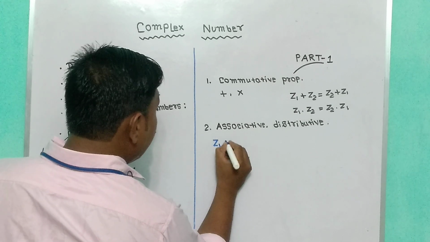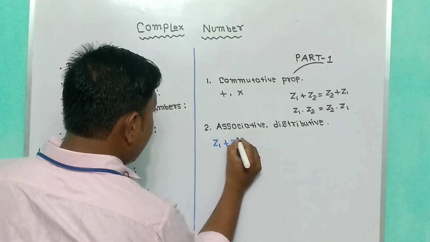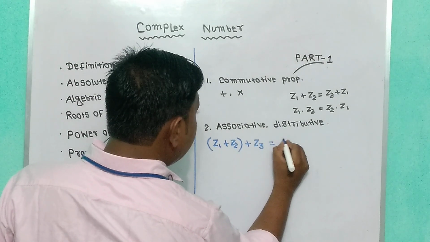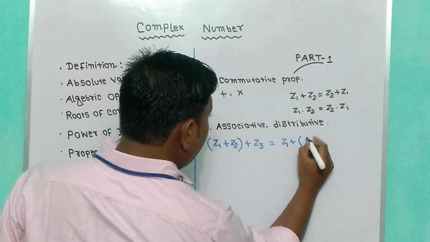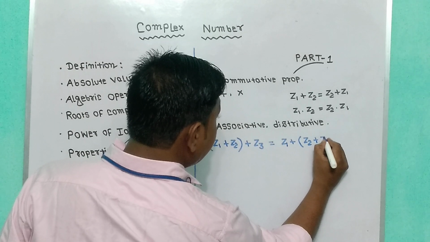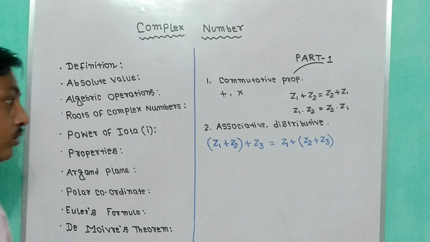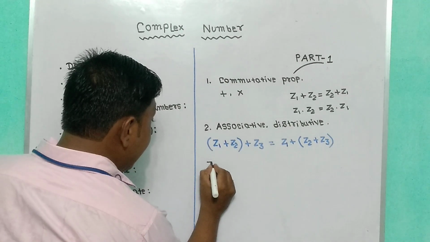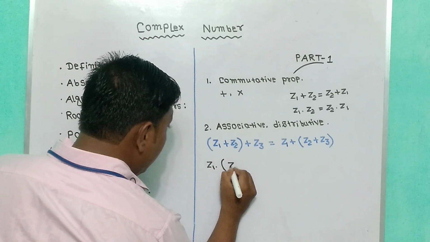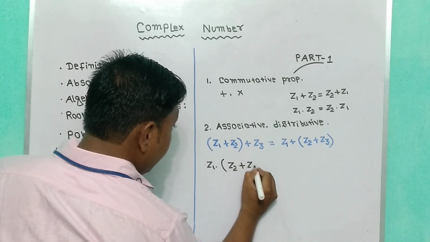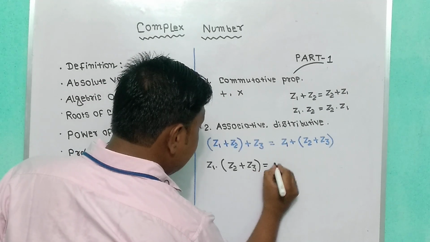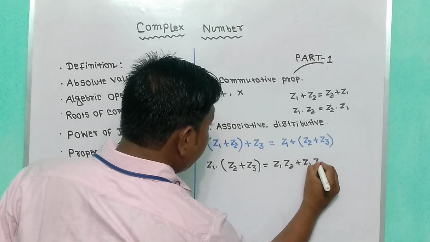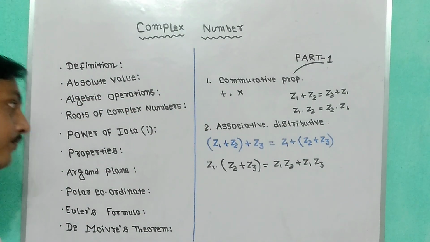So (z1 plus z2) plus z3 equals z1 plus (z2 plus z3). Okay, this is associative. What is distributive law? Distributive law means z1 into (z2 plus z3) equals z1 z2 plus z1 z3.